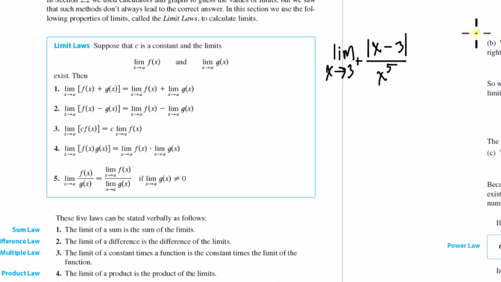The one-sided part of this limit is great because since we're only considering values of x greater than 3, the expression inside of the absolute value, x minus 3, is always positive no matter what. So we can simplify this by just removing the absolute value.